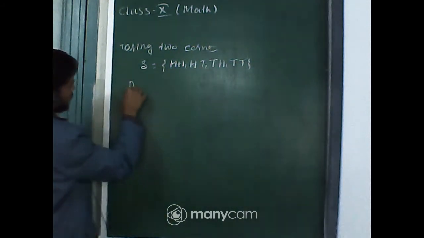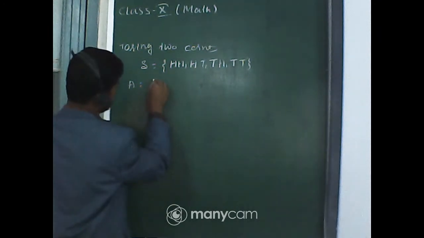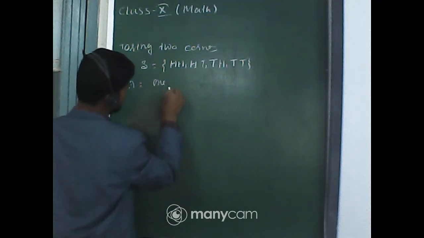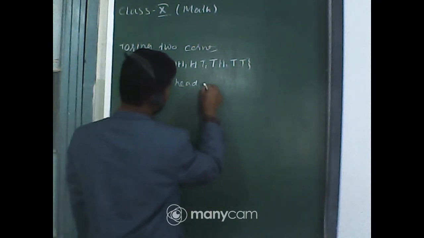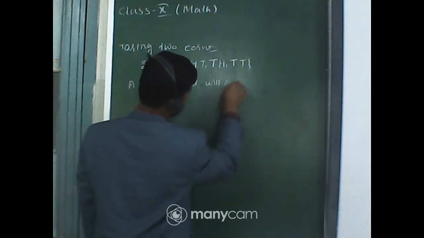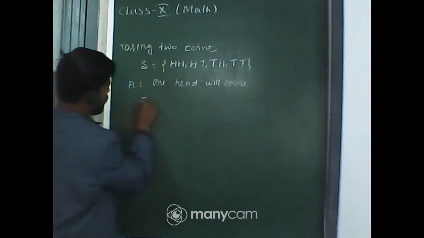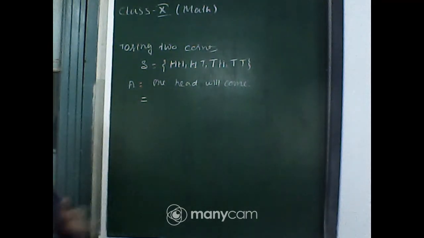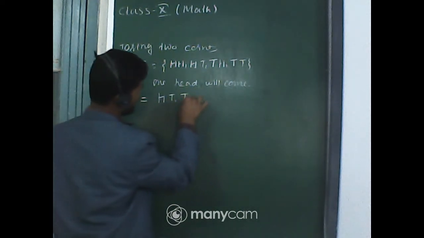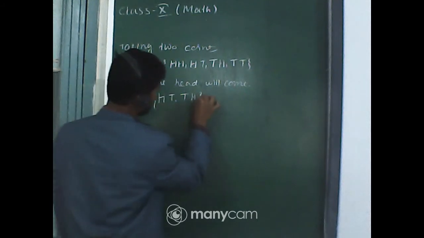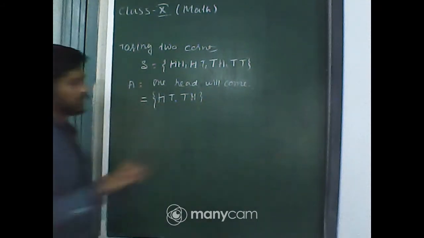We are considering an event which means one head will come. So what will be the event A? Can you reply to me? What will be the event A? If A means one head will come, yes, so HT and TH. Two possible outcomes are here, HT and TH.